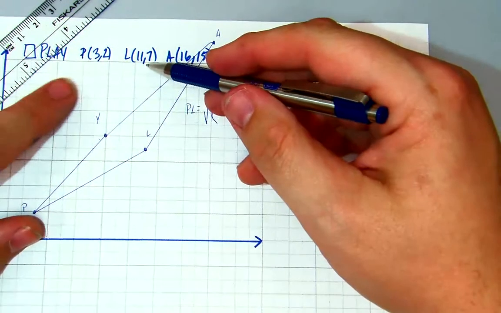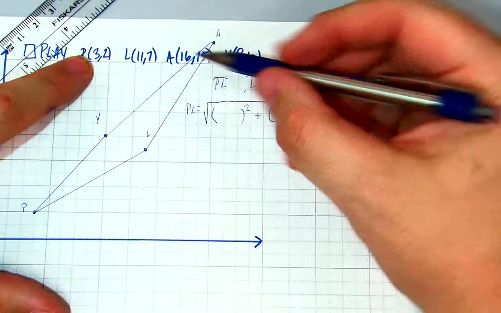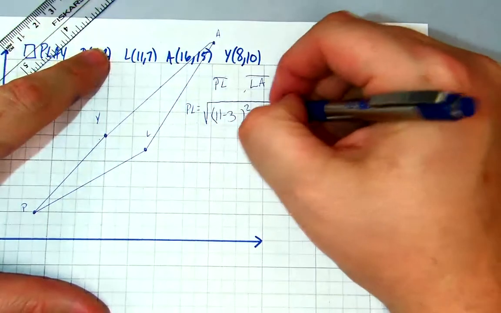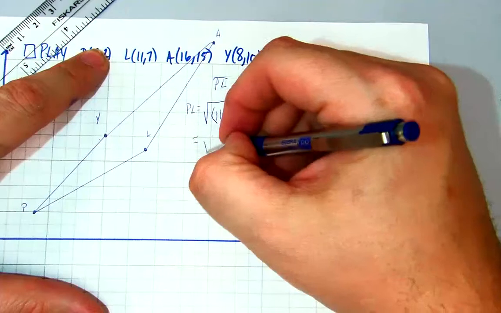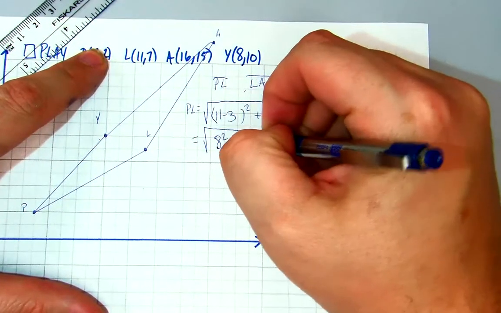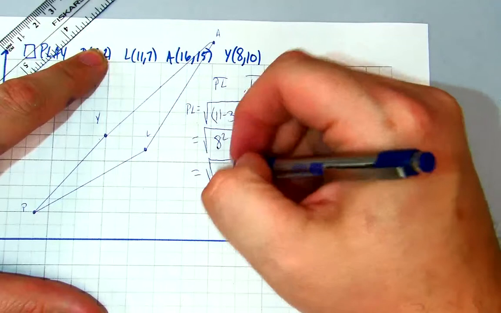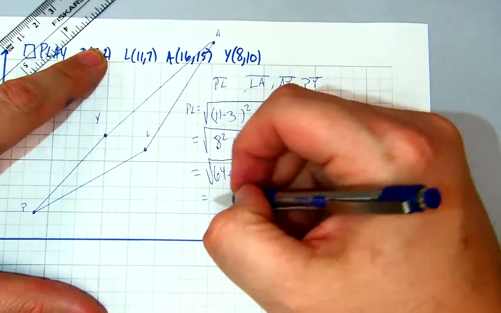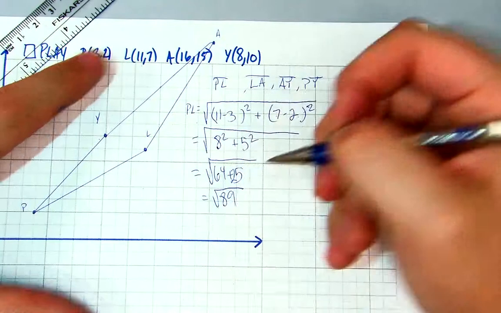I'm going to take P and L. I'm going to take 8 minus 3 and 7 minus 2. I'll get 8 squared plus 5 squared. This is the square root of 64 plus 25, which would be the square root of 89.